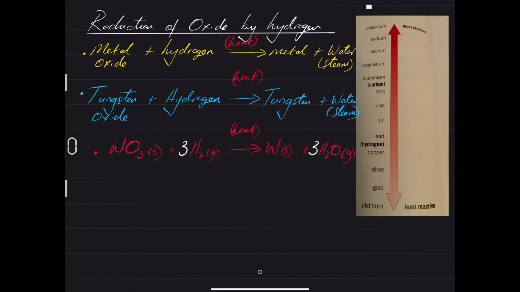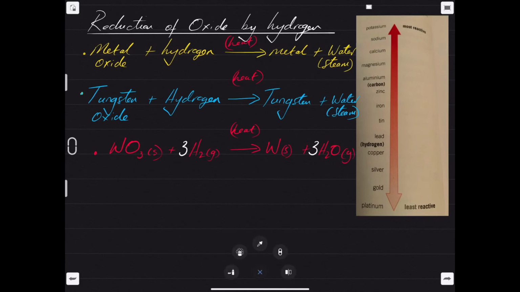I want to mention that metals higher than carbon, so aluminium, magnesium, calcium, sodium and potassium, cannot be extracted using carbon, because if you look at the chart on the right hand side, you can see that these metals are higher than carbon on the reactivity series.